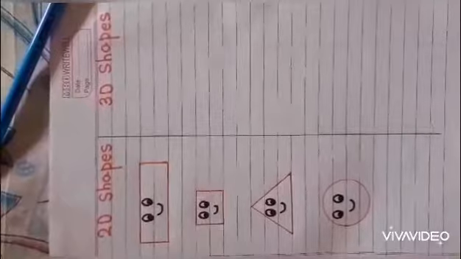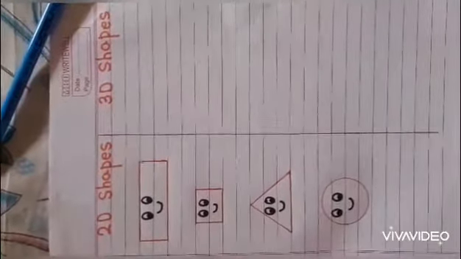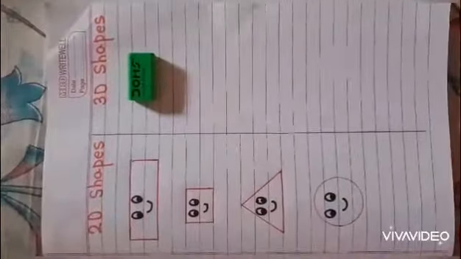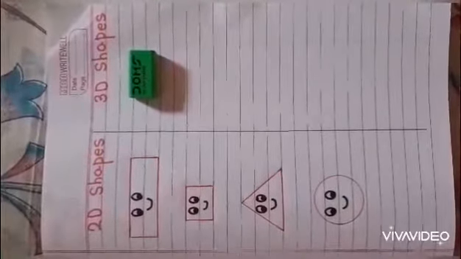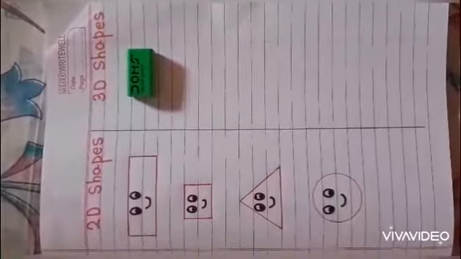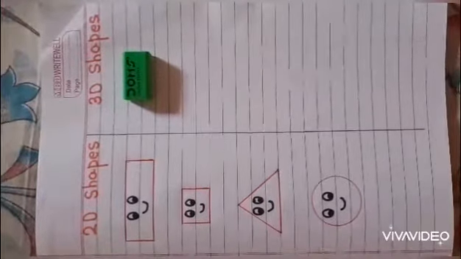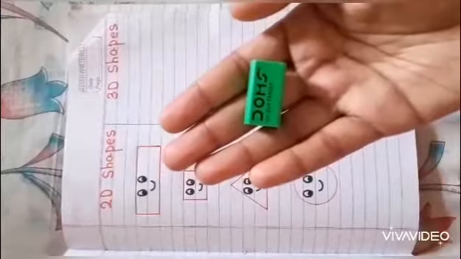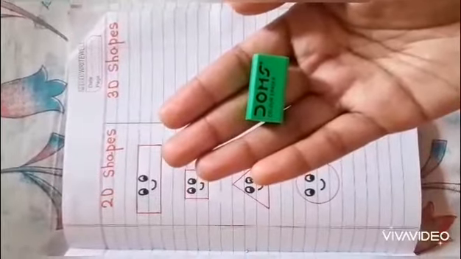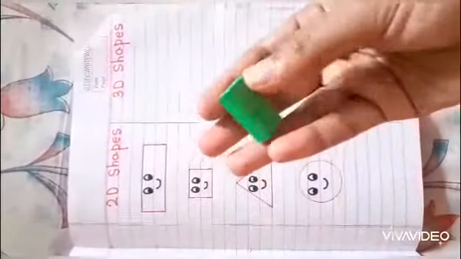First is a rectangle here, which is a 2D shape. Now I have an eraser which is a 3D shape, but it looks exactly like a rectangle. As you know, an eraser is a 3D shape, so I can hold it in my hand like that.